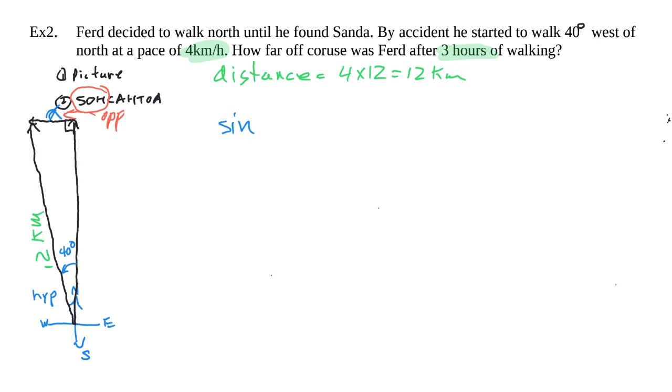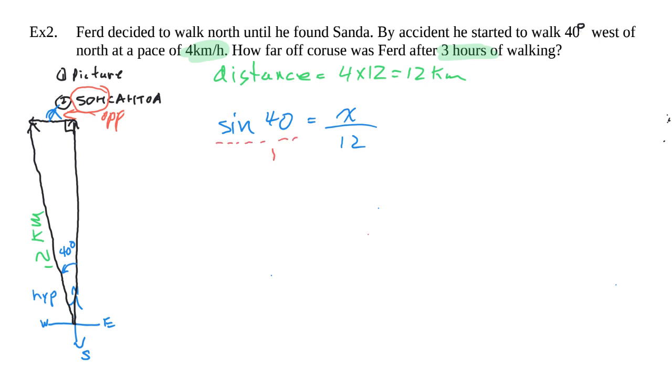So in this case, we have sine of the angle 40 is equal to, well, the opposite is x over the hypotenuse, which is 12. Now, let's say that you're a little more sophisticated than the average bear. What we can do is this. We can write this as something over 1.